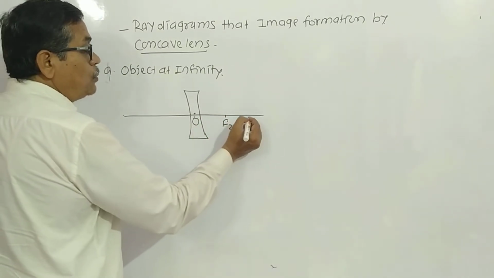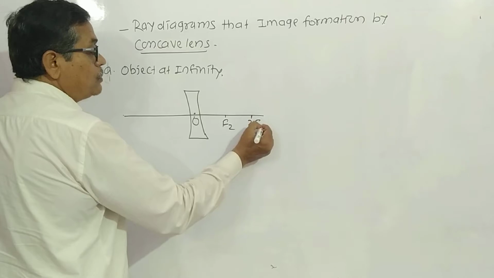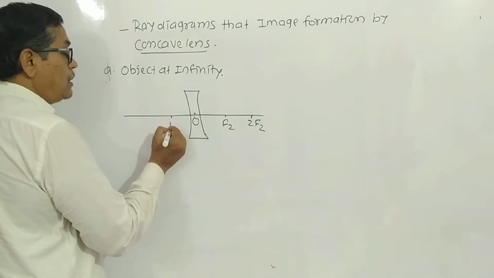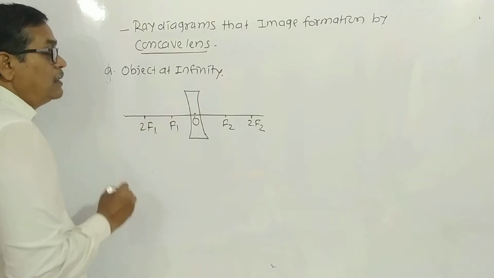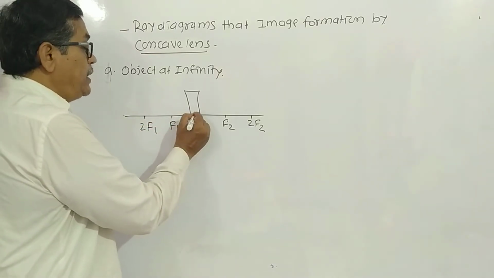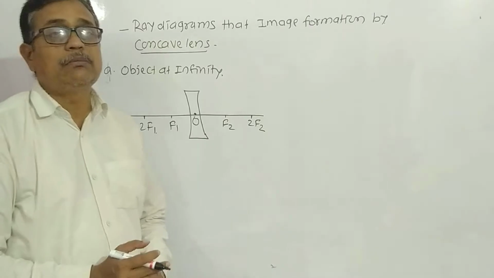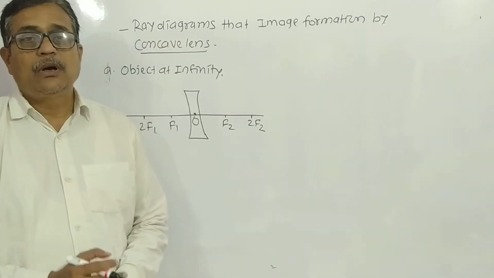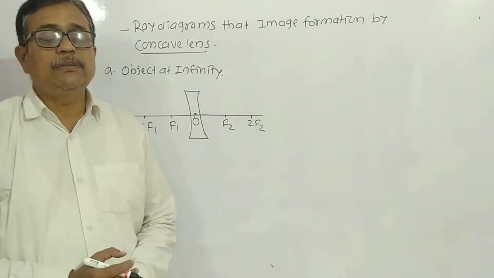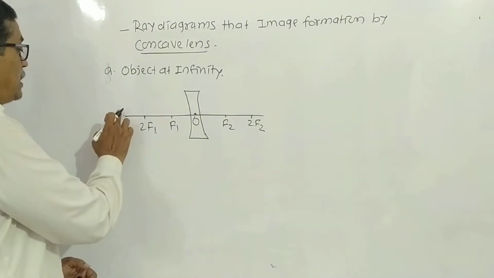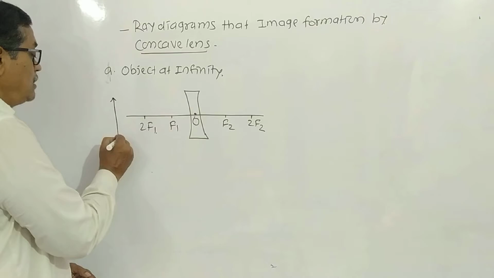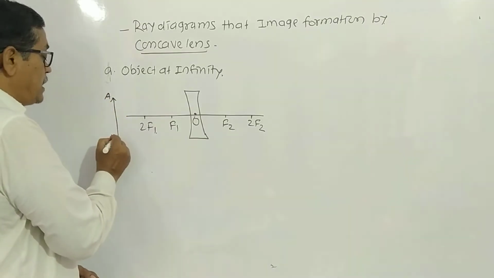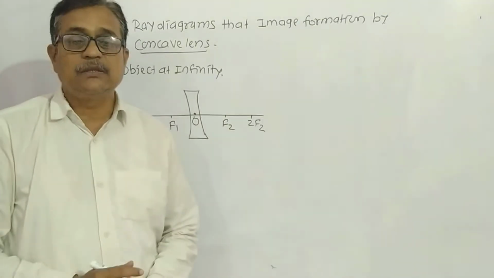Here F2, then 2F2. Here F1 and 2F1. Object at infinity means object away from the principal axis. Here AB is the object, it is away from the principal axis.